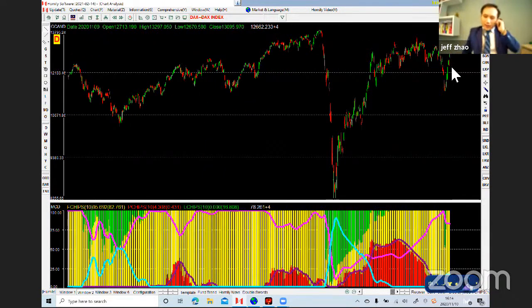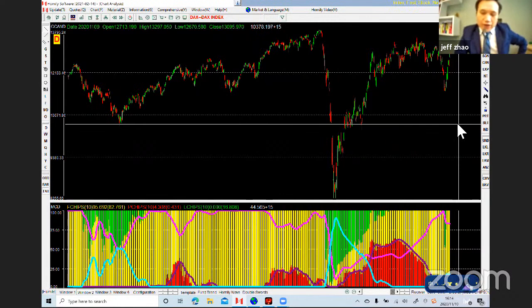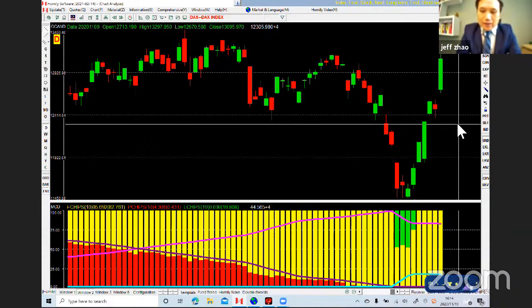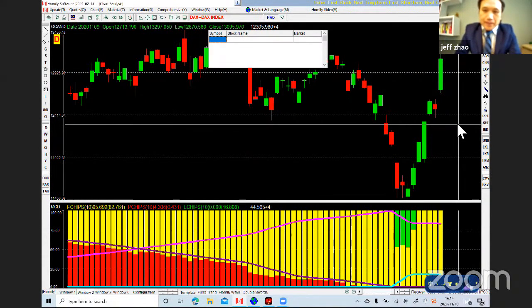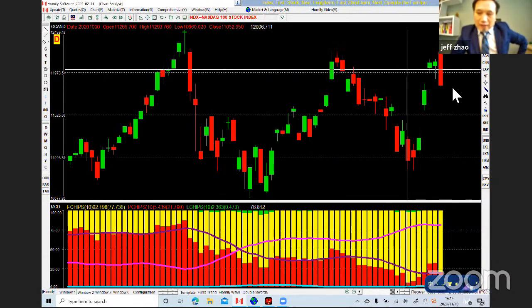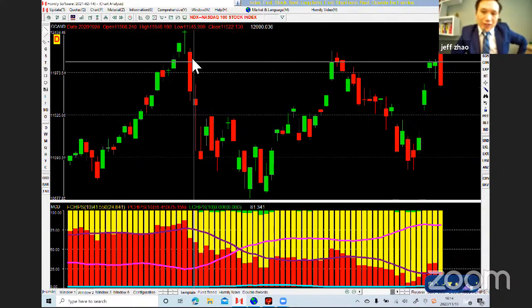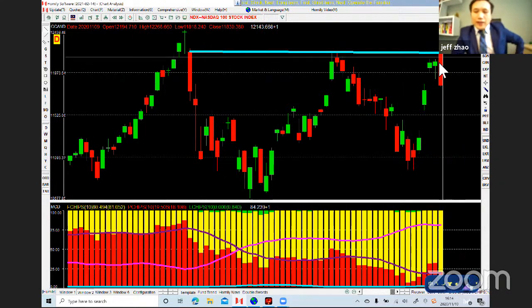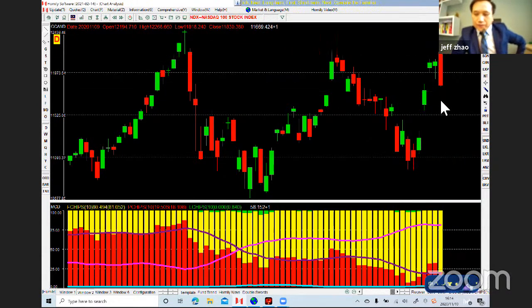So today the market is getting stronger, but whether such a strong market situation will continue or not is just one day. Because you can see the Nasdaq, last night it went down. Why? Because it just touched the resistance level. Okay, so it went down.